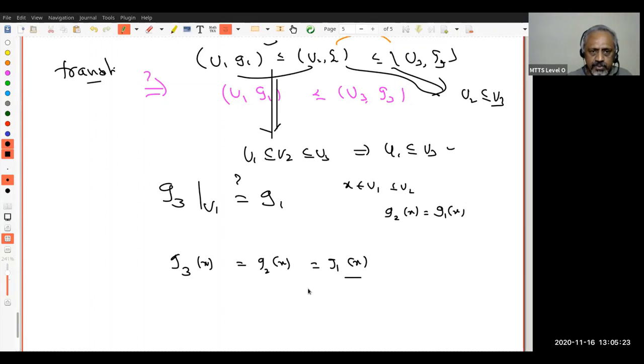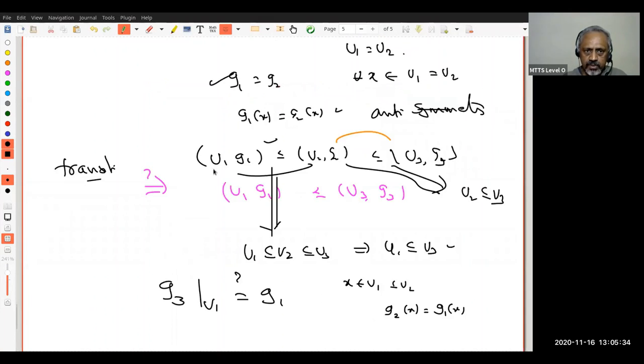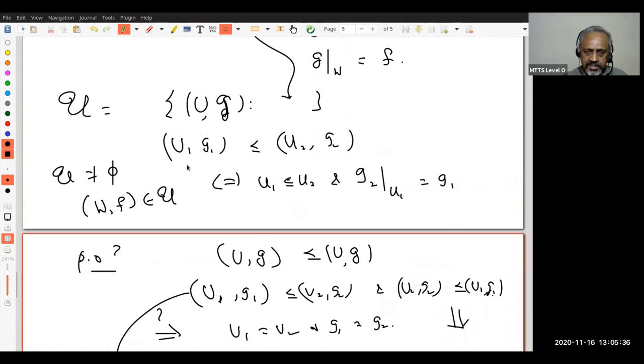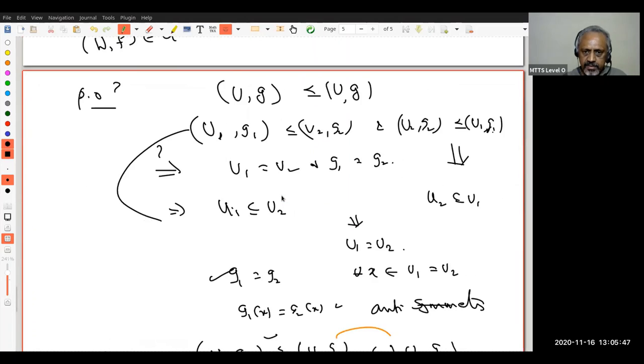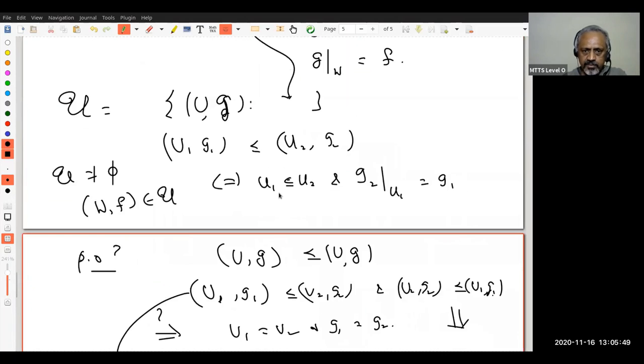Therefore, we have shown u1 g1 is relating to u3 g3. Okay. So what I have shown, this collection of all such, I will call this a collection of extensions of F. This collection of extensions of F is non-empty, partially ordered set with the partial order as defined.